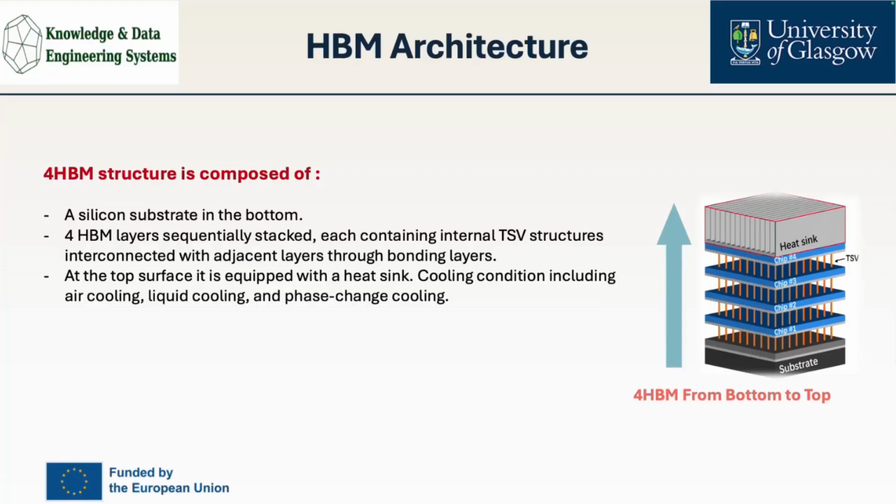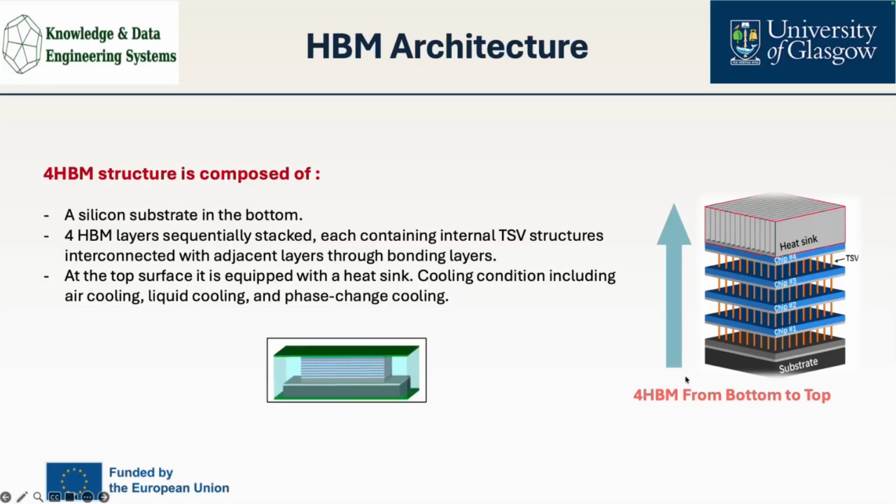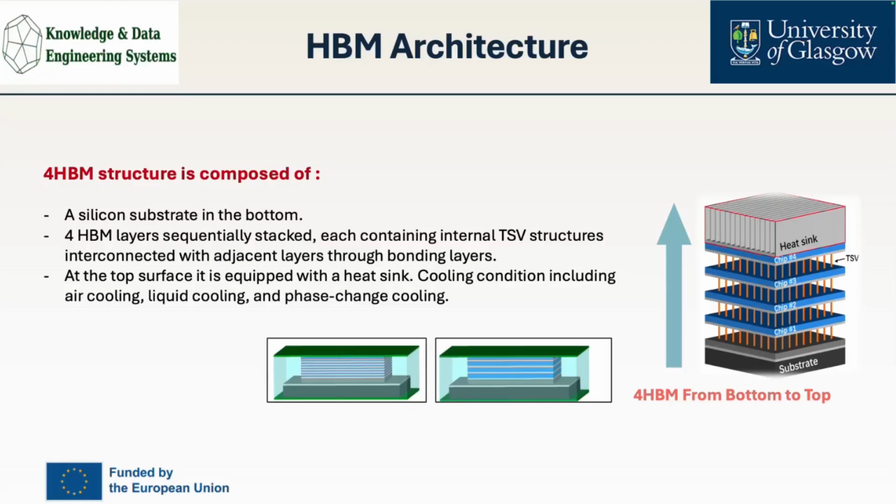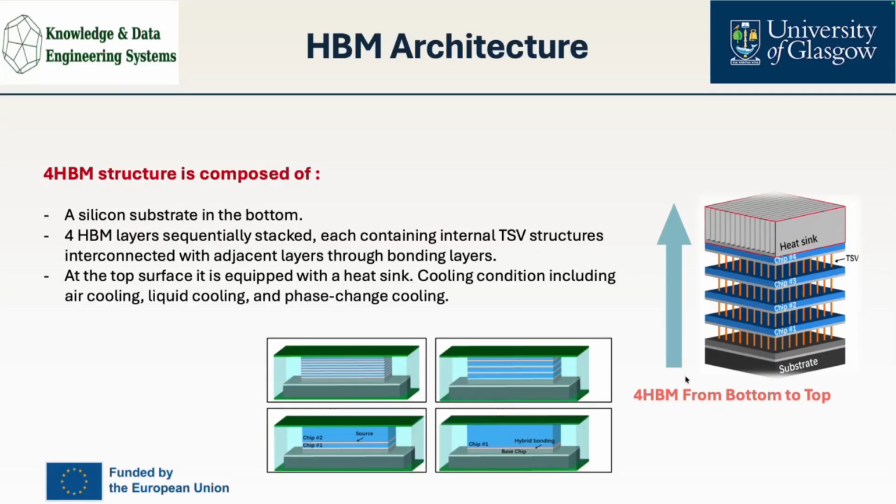And at the top, we have the heat sink or cooling conditions, like air cooling, liquid cooling, or phase change cooling. This is for a 4-high stack, but we could have 8 layers of memories, or 4, 2, 1, or more.